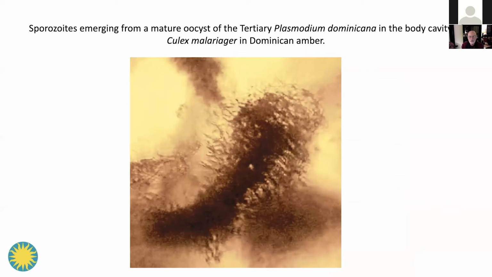And when they looked at the stomach of this particular mosquito, indeed, they found malarial parasites. So again, this is a proxy for the presence of blood in fossils that are tens of millions of years old.